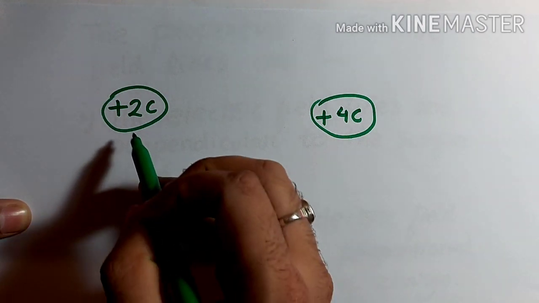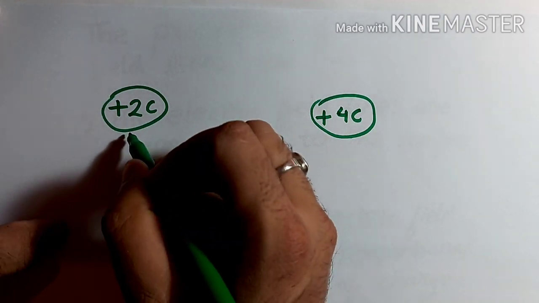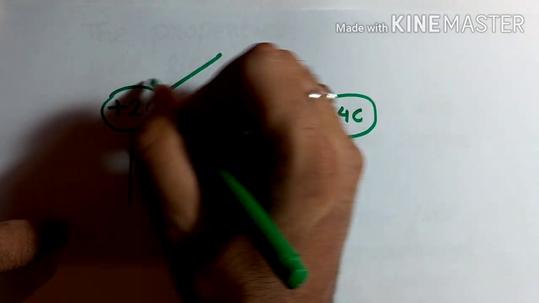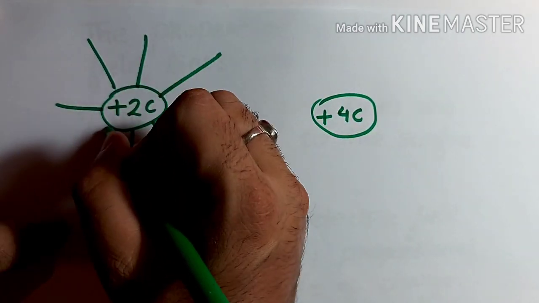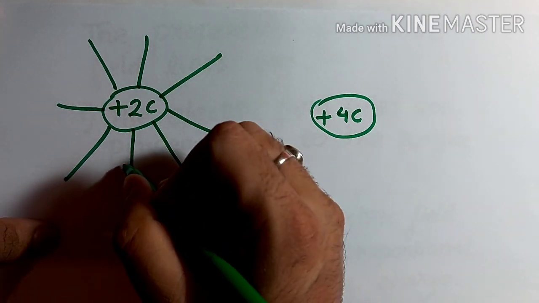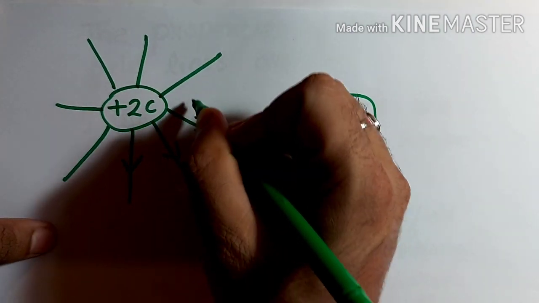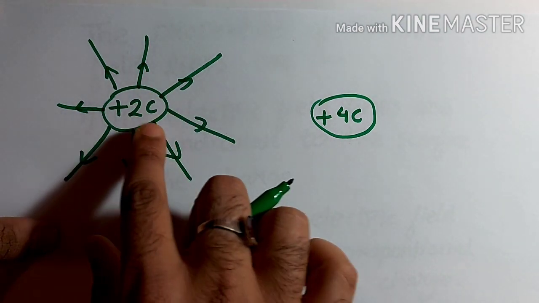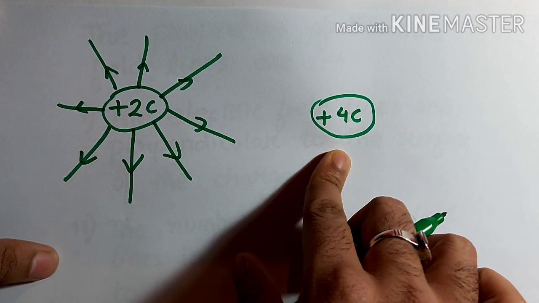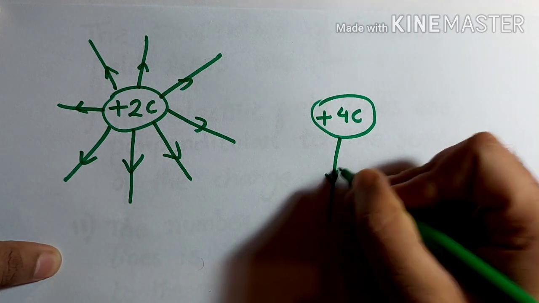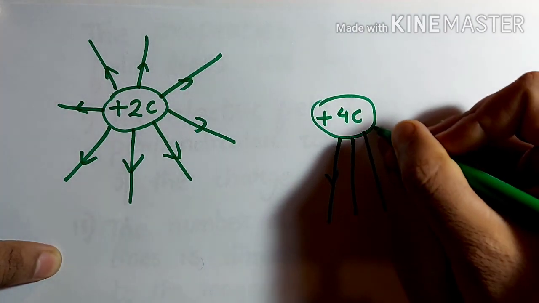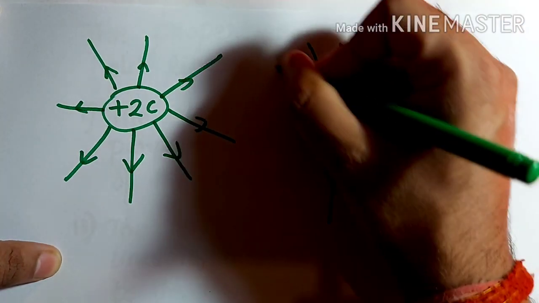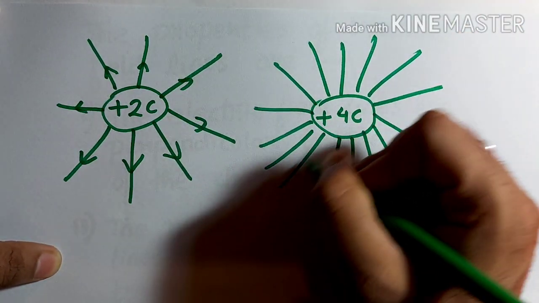If the plus 2 coulomb charge produces 8 electric field lines, then the plus 4 coulomb charge will produce 16.